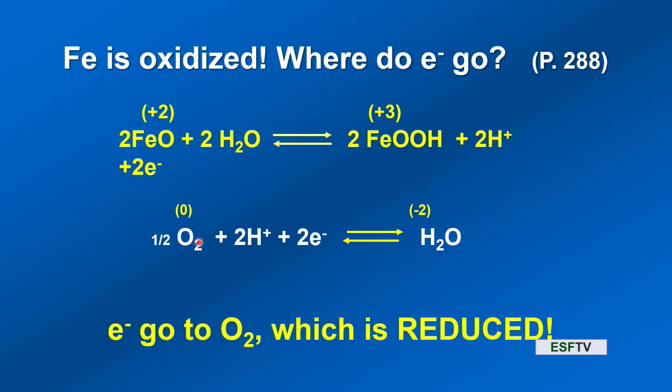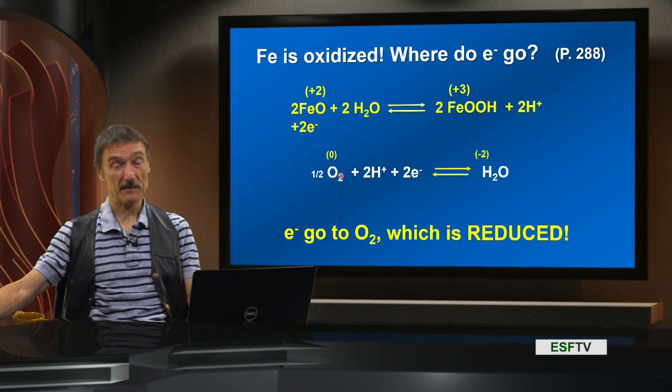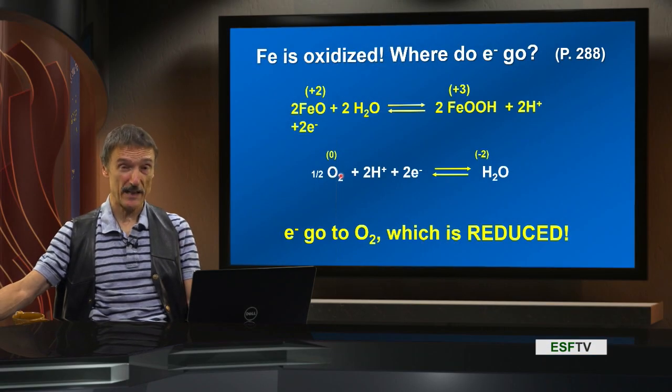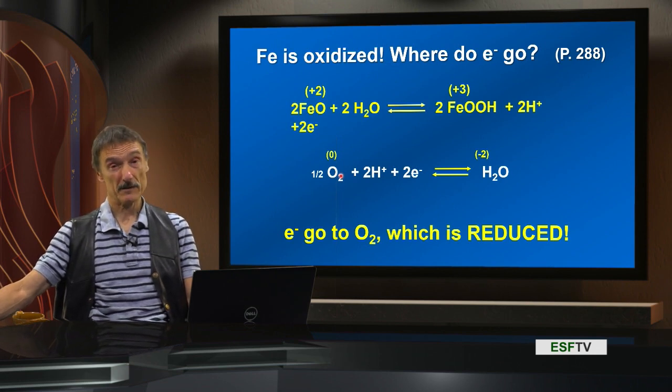So something's oxidized, something's reduced. Again, in aerobic systems, oxygen's there, oxygen grabs these electrons and is reduced to water. Pretty neat.